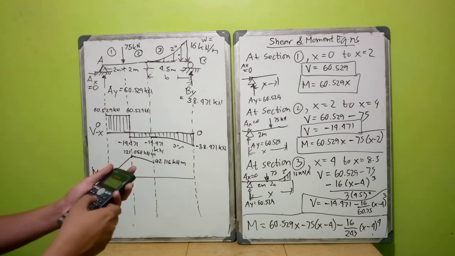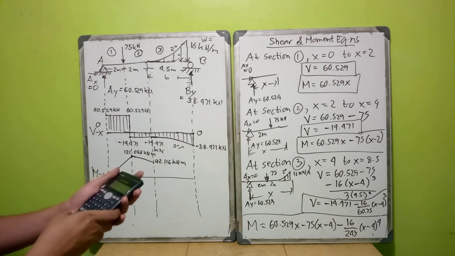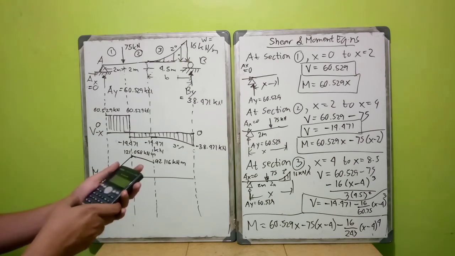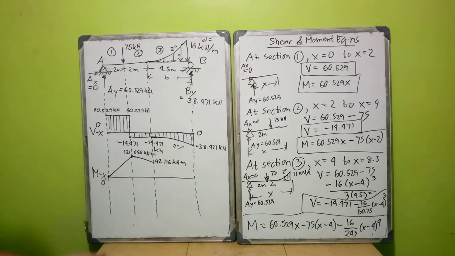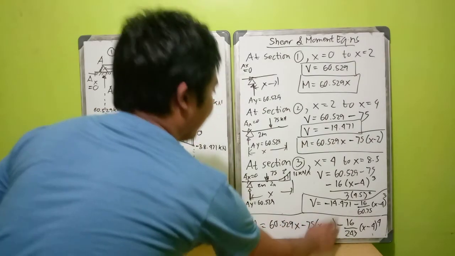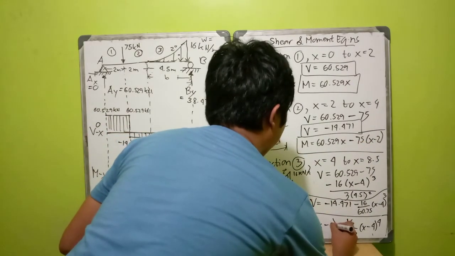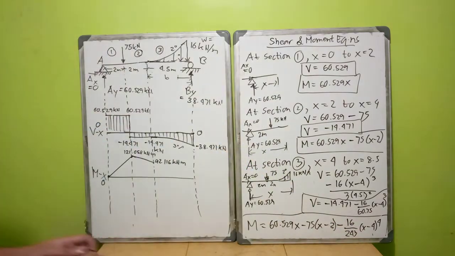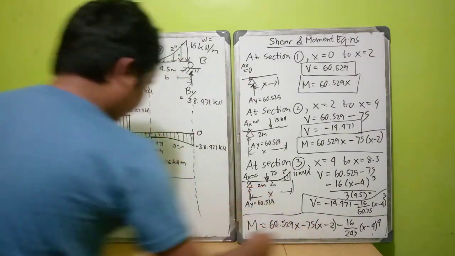Sorry, this should be x minus 2. So we have seen our error, because its start is x minus 2.